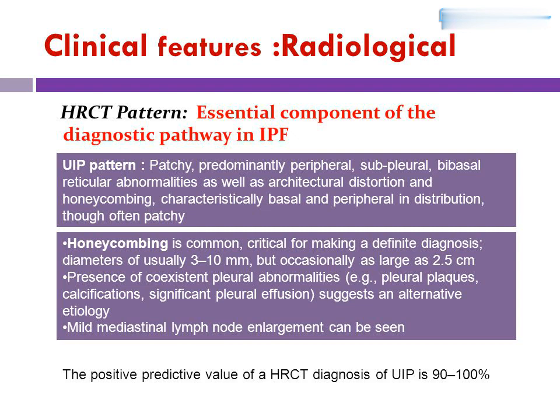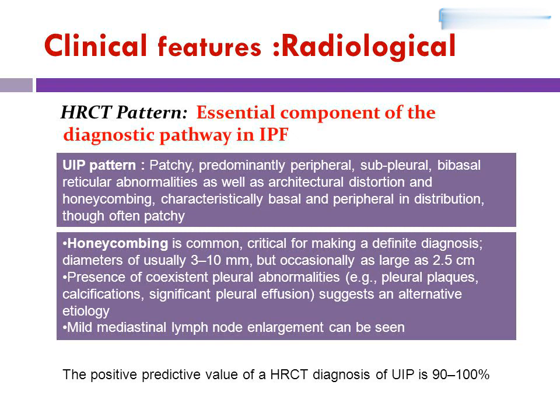Honeycombing is common and critical for making a definite diagnosis, with diameters usually 3 to 10 mm, but occasionally as large as 2.5 cm. Presence of coexistent pleural abnormalities, for example pleural plaques, calcifications, or significant pleural effusion, suggests an alternative etiology. Mild mediastinal lymph node enlargement can be seen.